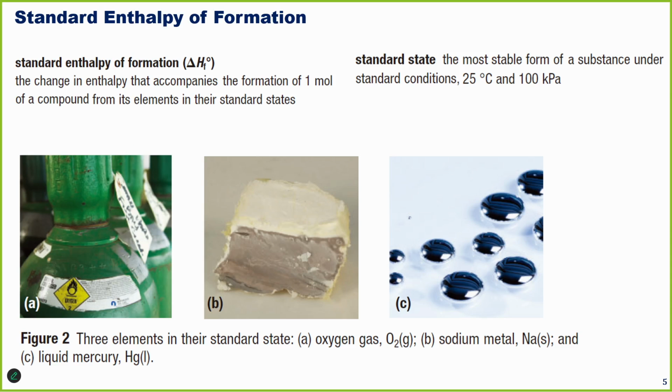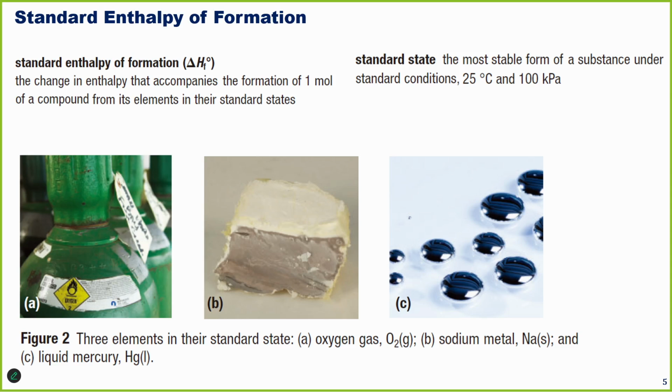Okay, so next let's have a look at the concept of standard enthalpy of formation. The standard enthalpy of formation of a compound is the change in enthalpy that occurs when 1 mole of compound is formed from its elements, with all substances in their standard states.